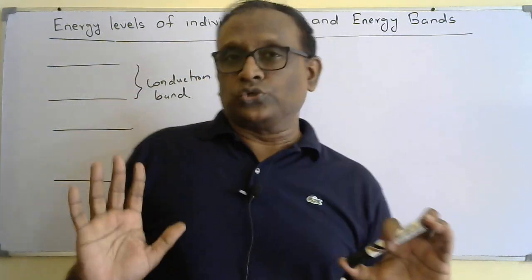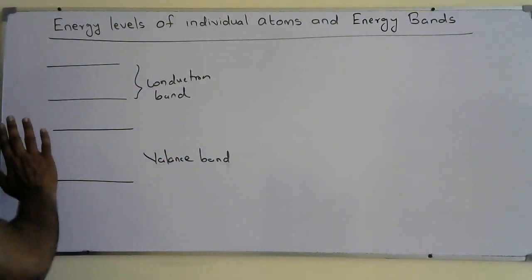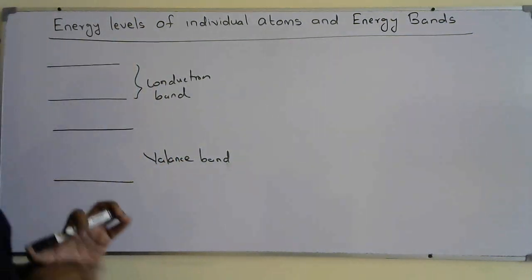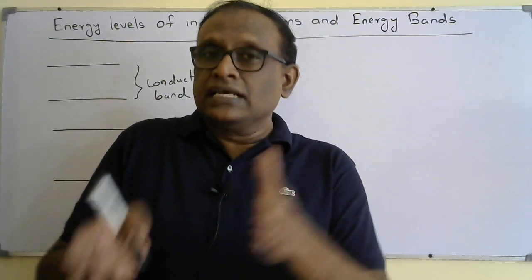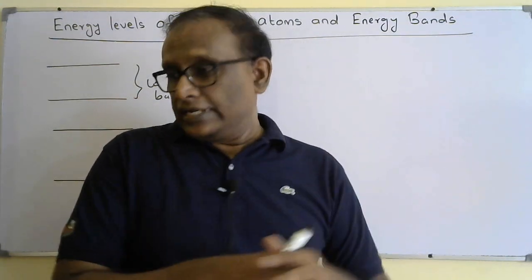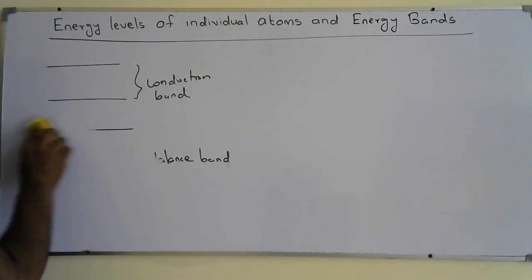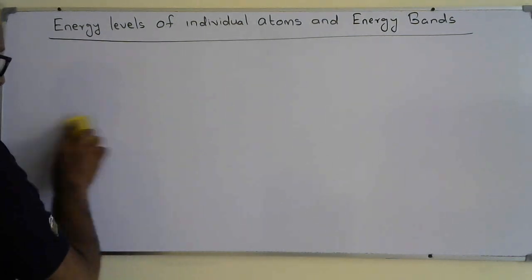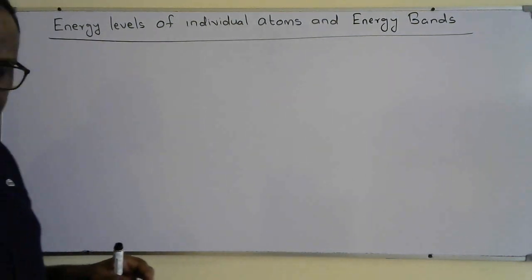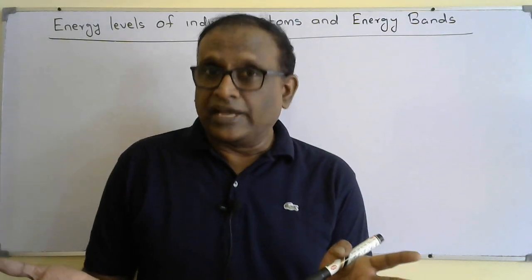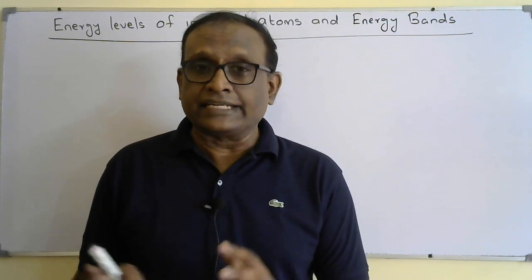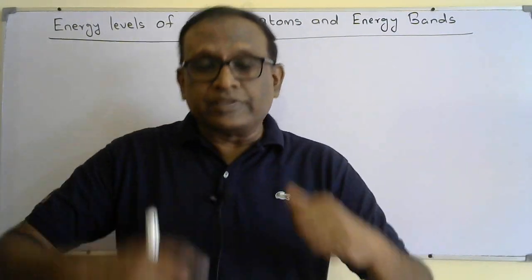Okay, so I just drew it. Now I'm going to draw the same diagram again for conductors, semiconductors and insulators separately. When I think about these two types of bands for conductors, what happens? I told you that in conductors the valence orbits of individual atoms overlap with each other.